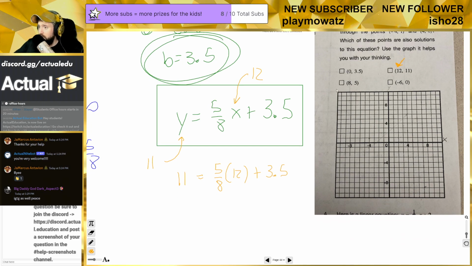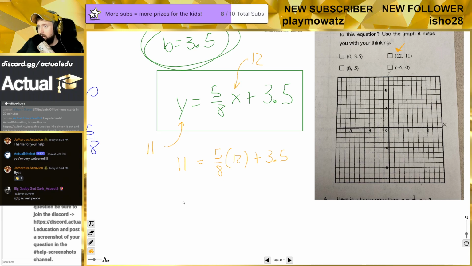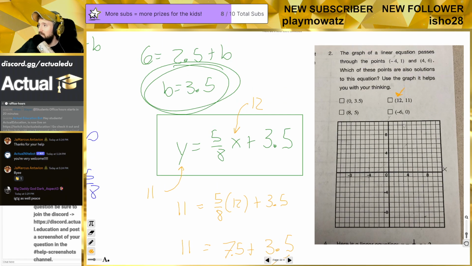Let's see what happens. This gets me 60/8 plus 3.5. What's 60/8? 7.5. Good. What's 7.5 plus 3.5? 11. Does 11 equal 11? Yeah. So that means this point is on the line.